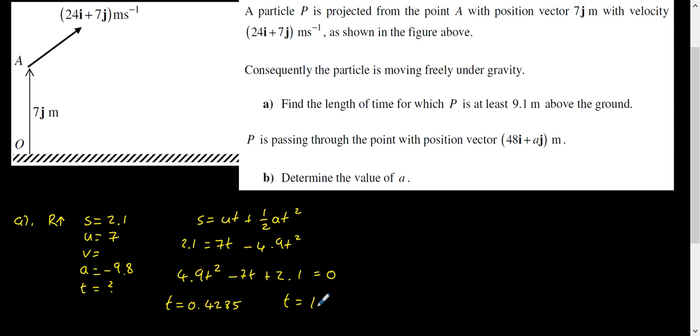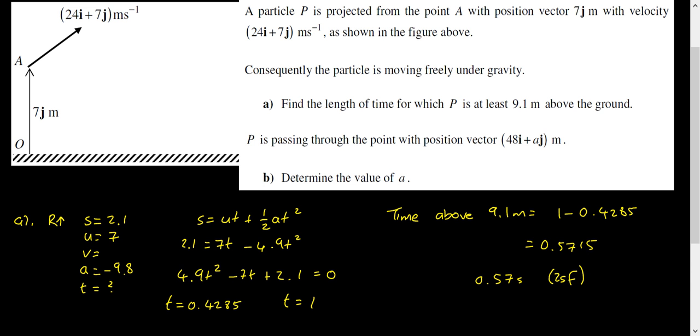The second time that it goes through 9.1 meters above ground is at 1 second. And so we can use those two values. So the time above 9.1 meters is just going to be given by 1 minus 0.4285, which is 0.5715, which is 0.57 seconds, correct to two significant figures.